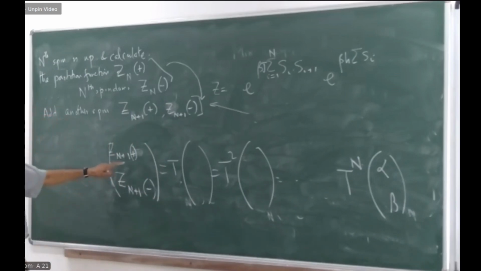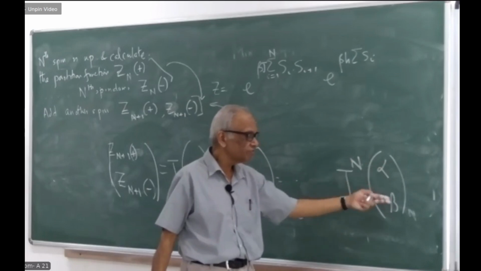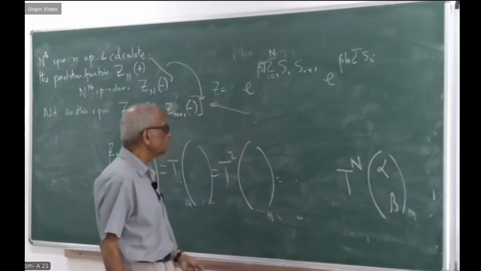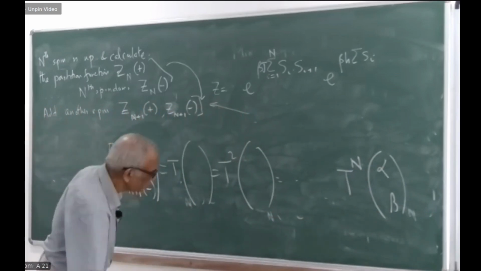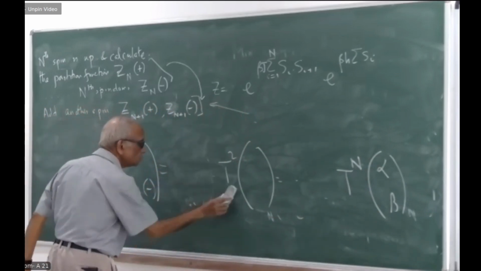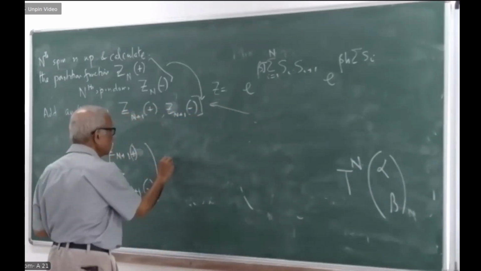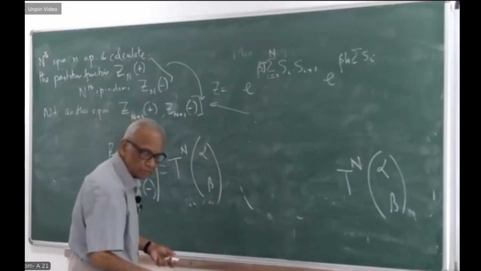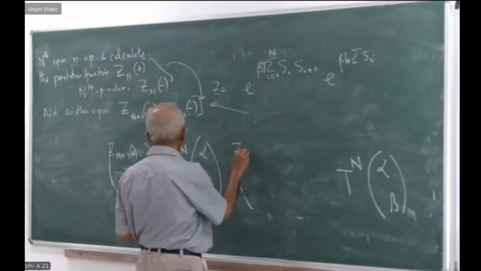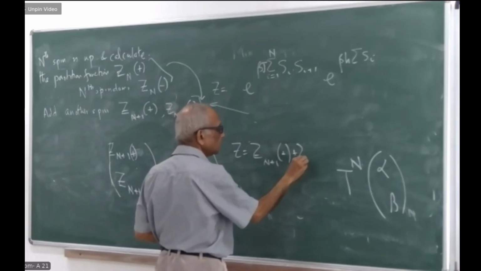So at this stage, you calculate the Zn plus by starting with some unknown initial condition alpha beta, and then you go on applying this matrix several times, and eventually the Zn plus 1 is equal to T to the power n alpha beta, and the Z is simply Zn plus 1 plus Zn.